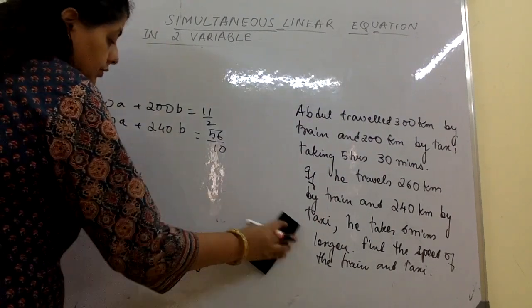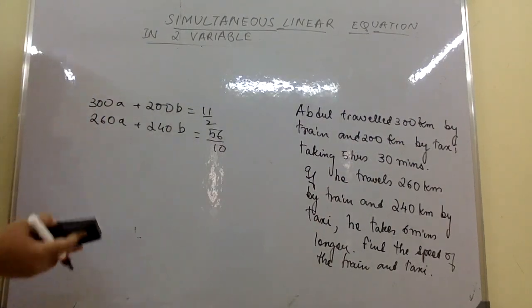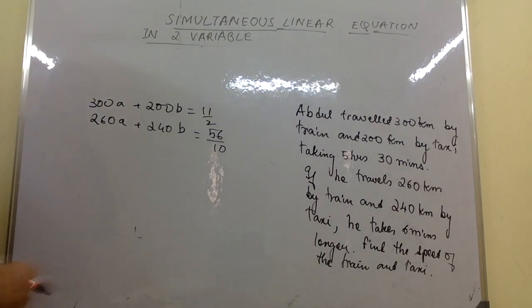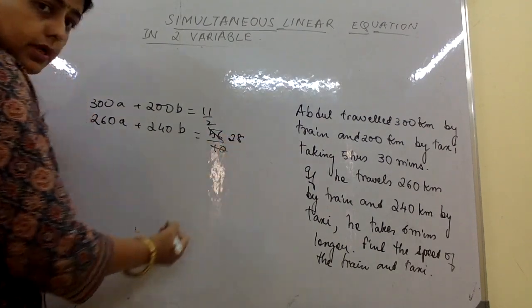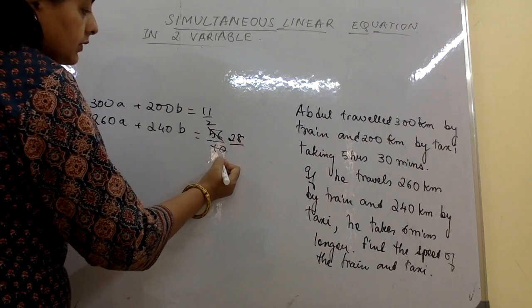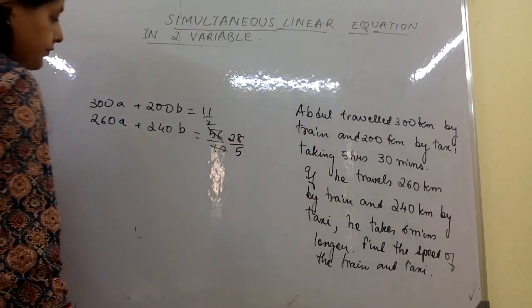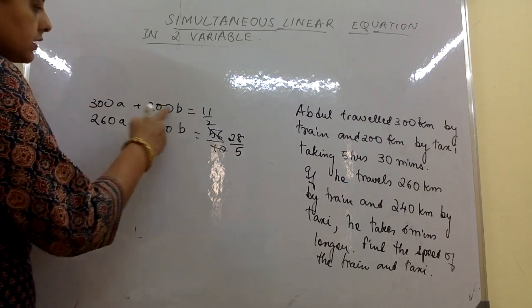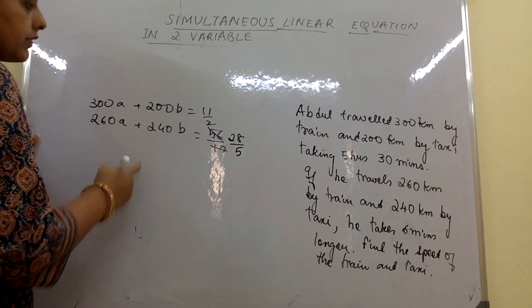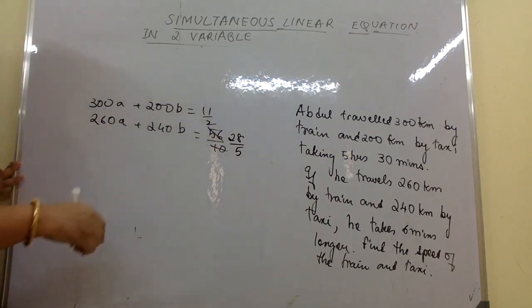Okay, so now we are going to solve these. Here I can see that now I'll reduce this little bit. 56 by 10 is 28 by 5. What happens if I multiply this by 2 here, 11 by 2, and this by 5 here? Let me see what happens.